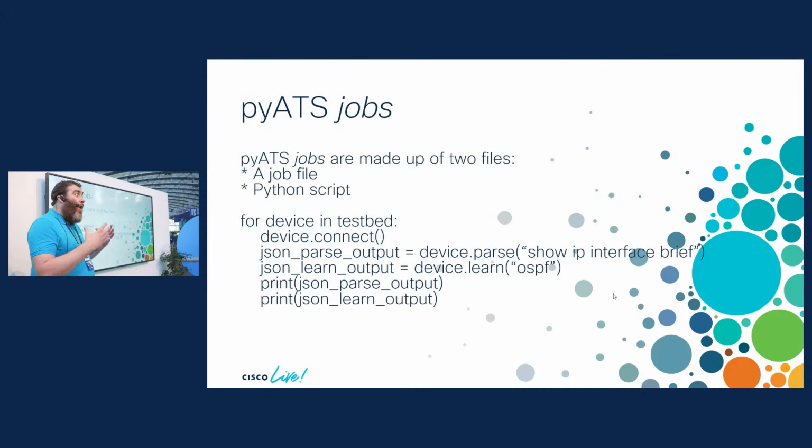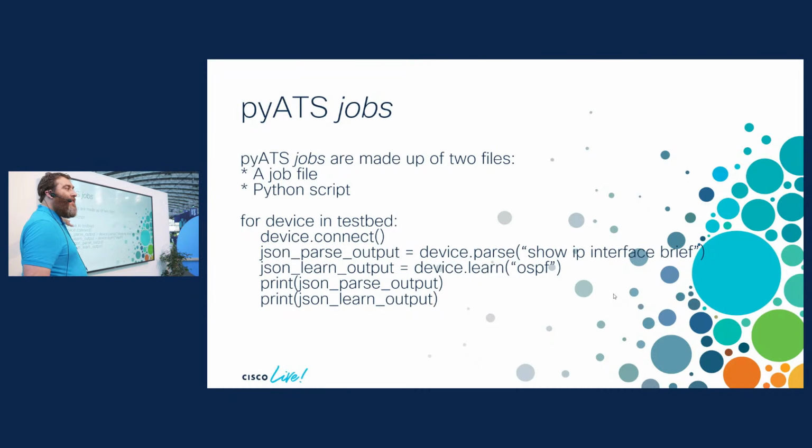Now, if you actually want to write it in Python, where the real power lies, they're known as jobs in pyATS. A pyATS job is made up of a job file, which is a small control file that loads your testbed and abstracts away the complexity of doing that yourself.